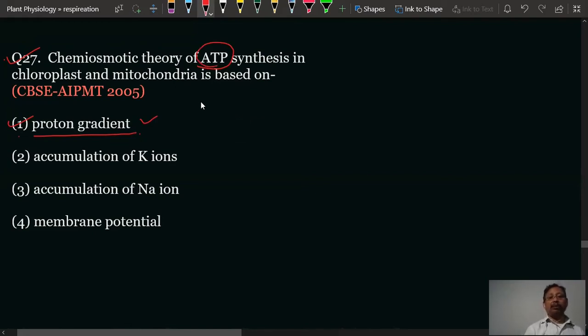In case of mitochondria, it is across the mitochondrial inner membrane, and in case of chloroplast, it is across the membrane of the thylakoids of grana and the stroma. So when this proton gradient breaks, the energy is released and that energy is utilized for the synthesis of ATP in presence of enzyme ATP synthase.